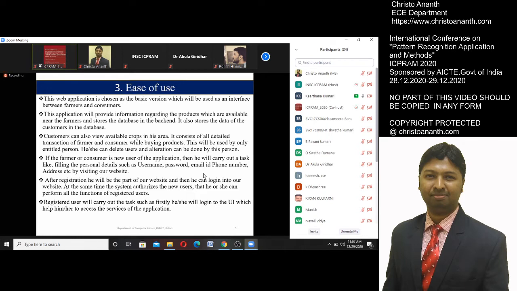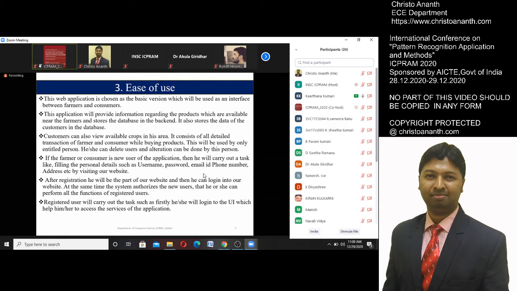It will consist of all detailed transactions of farmers and consumers while buying products, like what they need, all those groceries. This will be used only by an entitled person, that is the administrator, who alone will have rights to delete and alter all the information like registration and updated details.